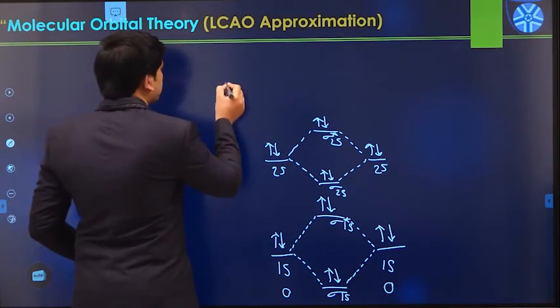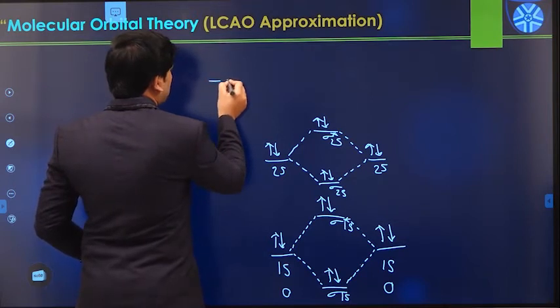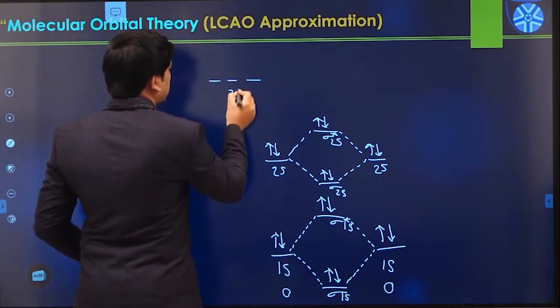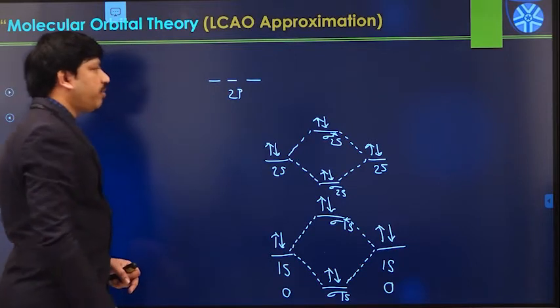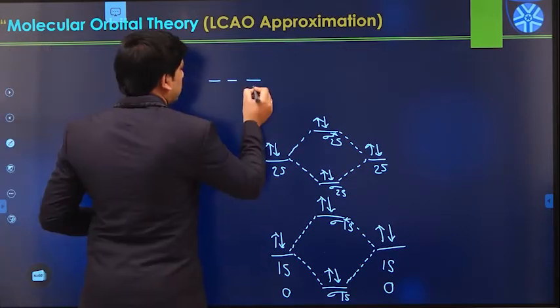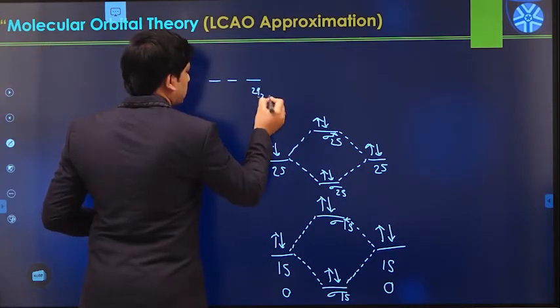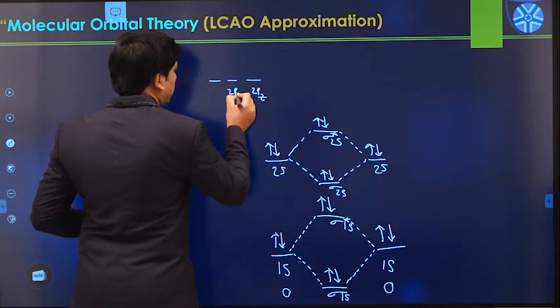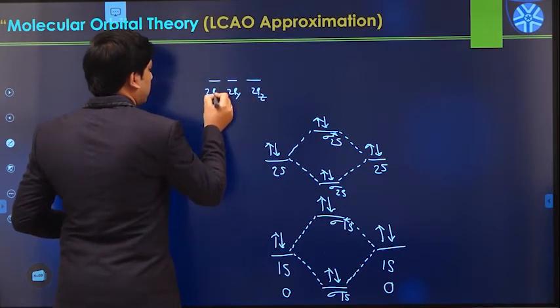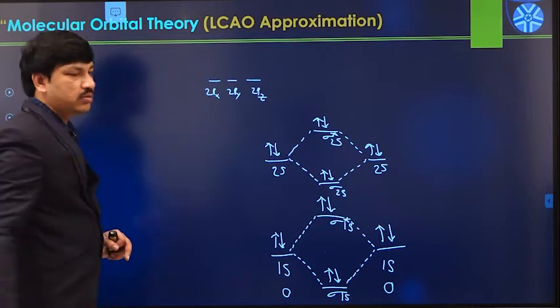Now we have 2p orbitals. Okay. So let us say these are the 2p orbitals of oxygen atom. So this is 2pz, 2py, 2px.